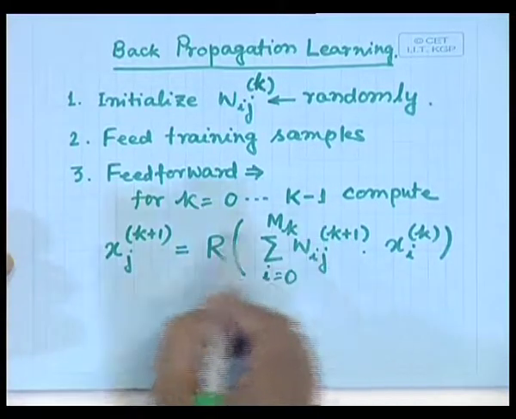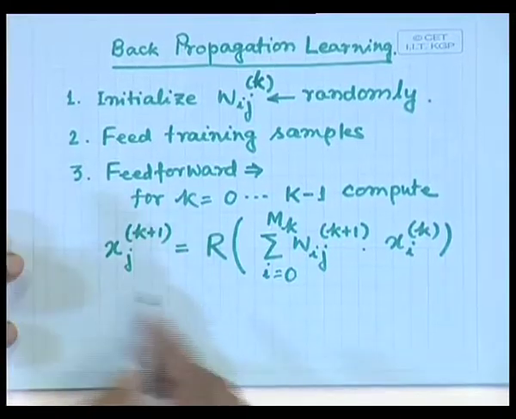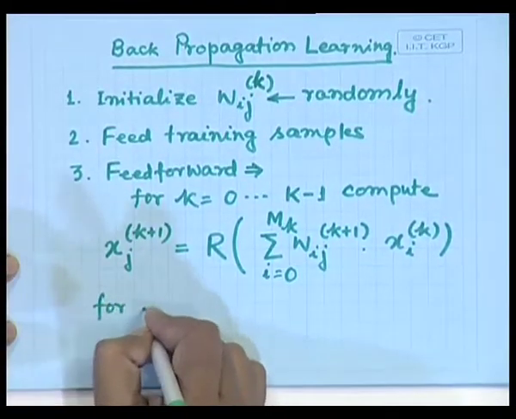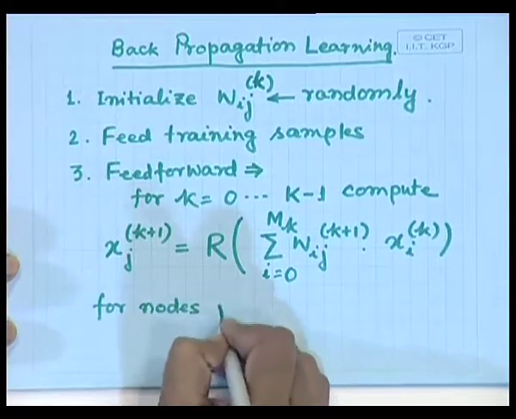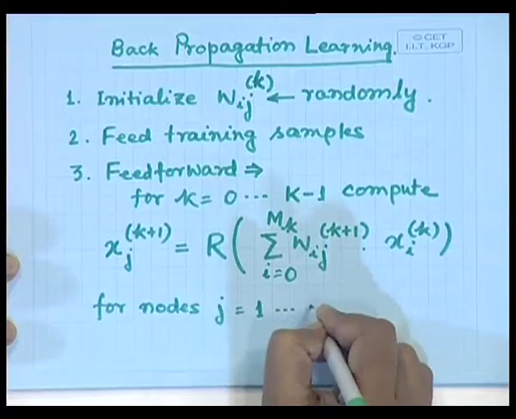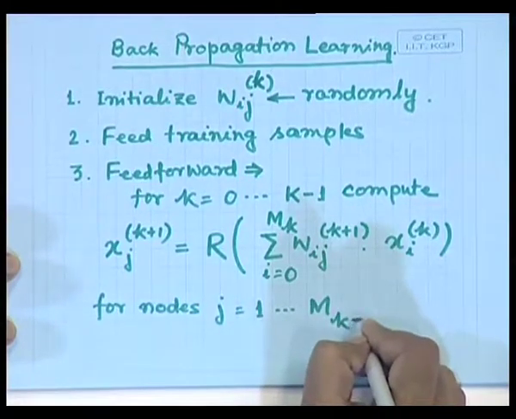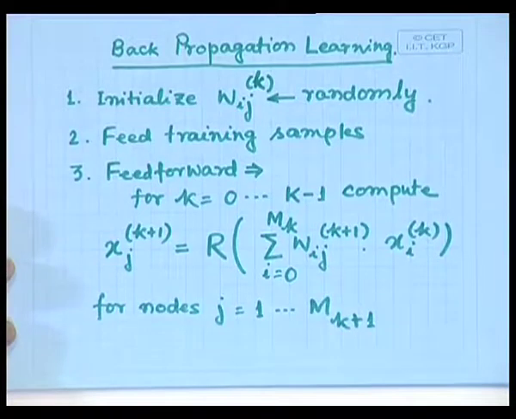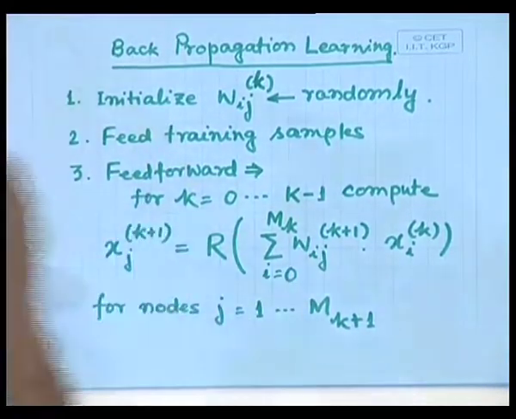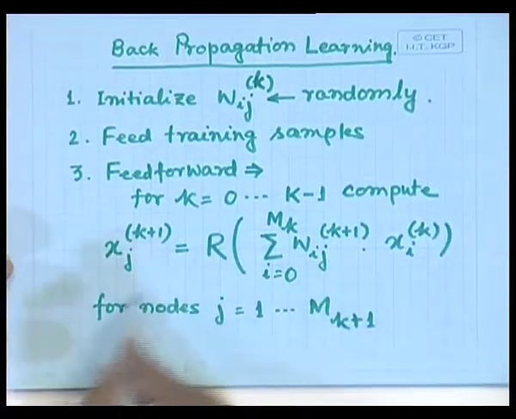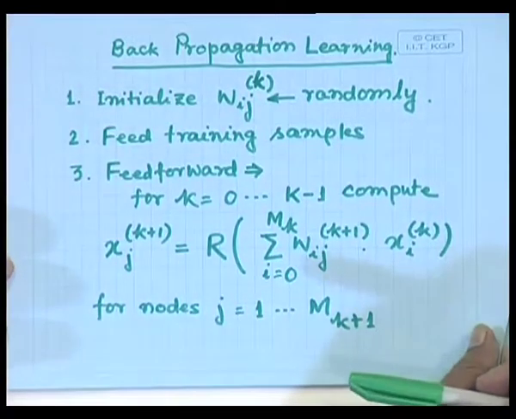Okay. So, this I have to compute for every node j equal to 1 to m_(k+1). One of the other nodes will have a constant input. So, this is what I do in the feed forward pass, where I am computing the outputs from every node in every layer depending upon the weights that I have till that time and the input vector that is fed in.